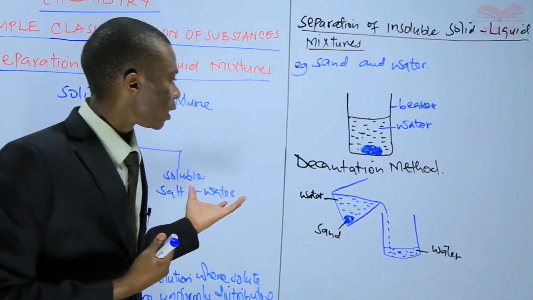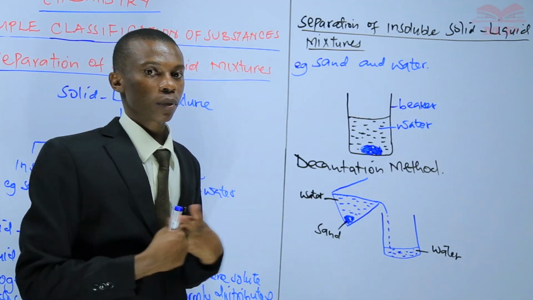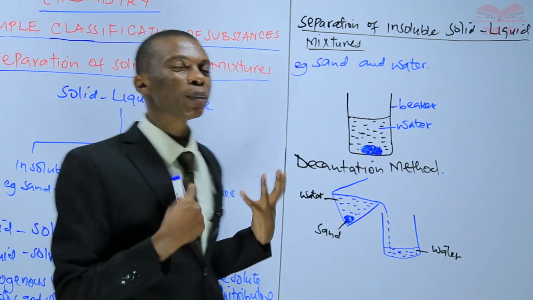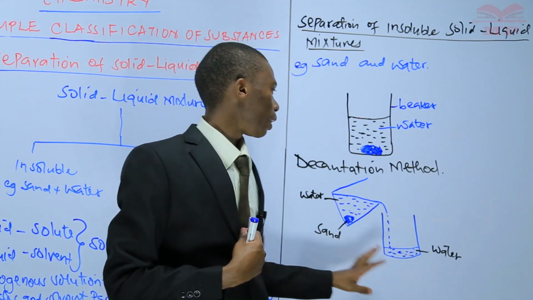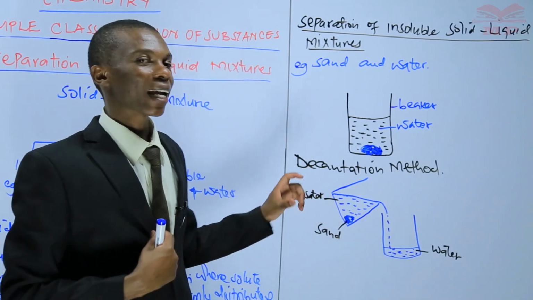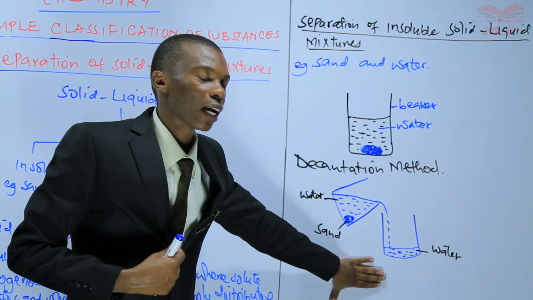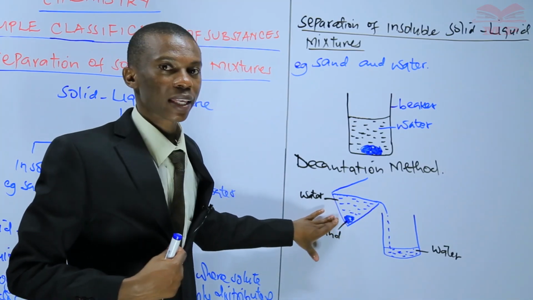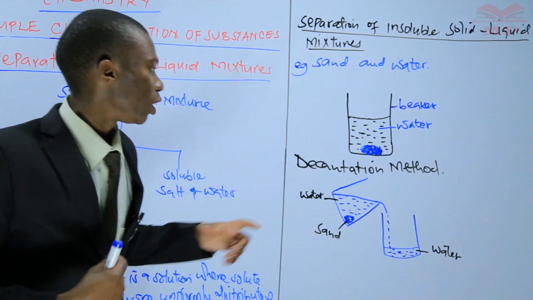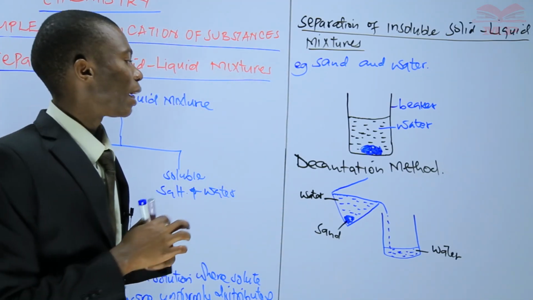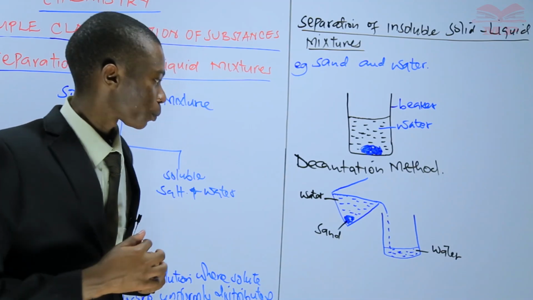Then in the decantation method, once it settles at the bottom, you take an empty beaker. I had an empty beaker at the beginning. Then you pour this water carefully into the empty beaker. Then you are going to be left with the sand in the beaker you had previously. And that is the method we are calling the decantation method.